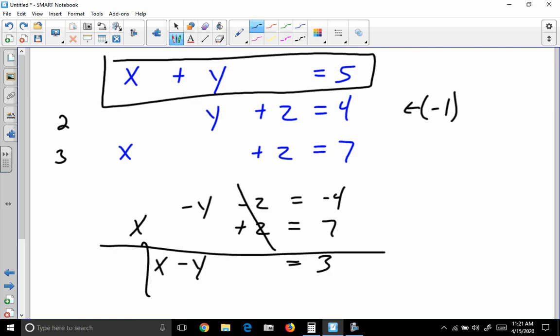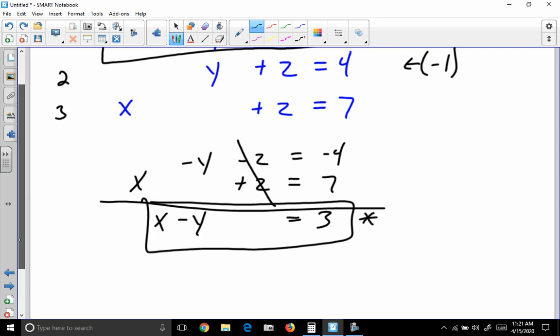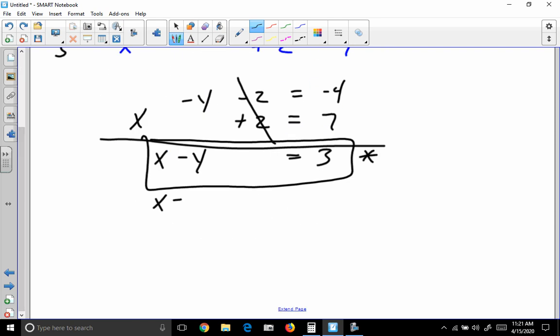So that's another equation of x and y. So the good thing about this one is we don't have to eliminate z 2 different times to get 2 equations and 2 variables. We were given one of them, and we eliminated z 1 time to get another one. So I'm just going to copy my other equation down here.